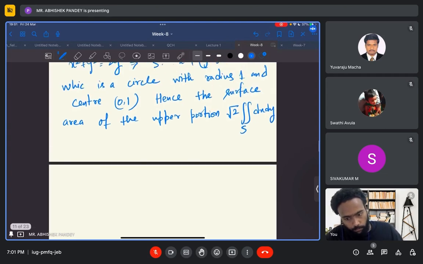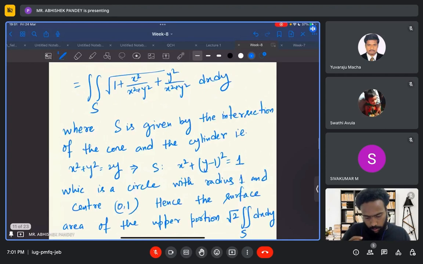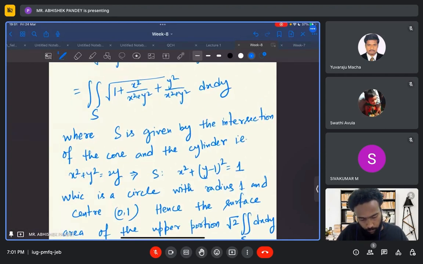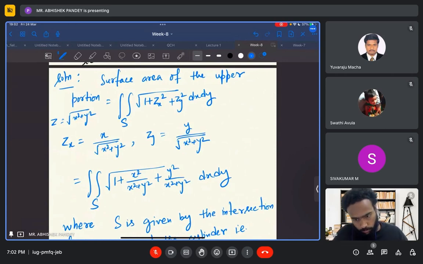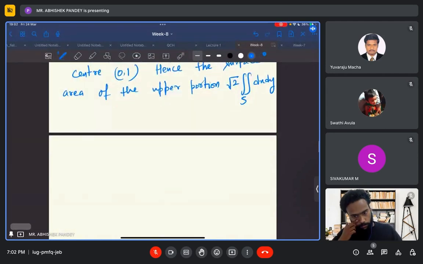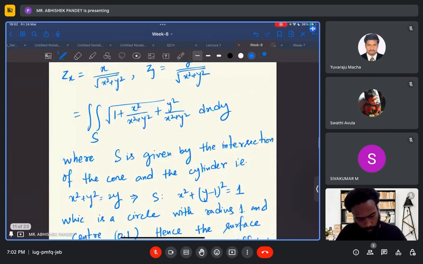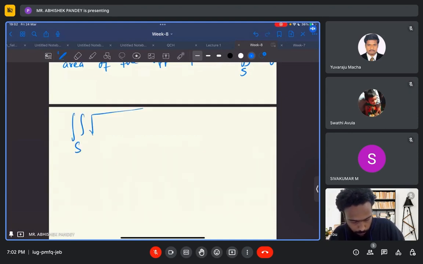Okay, now first we need to calculate this one: the integral over S of root of 1 plus x square upon x square plus y square plus y square upon x square plus y square dx dy.